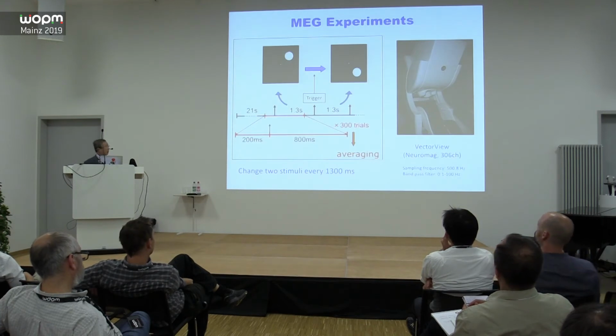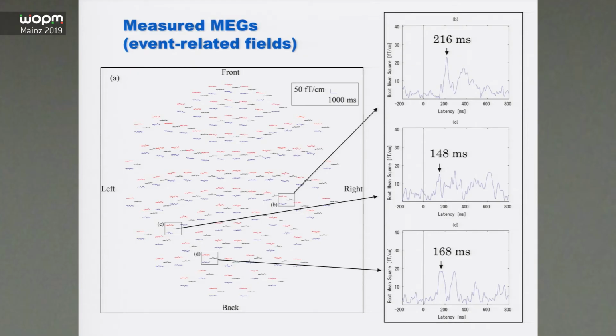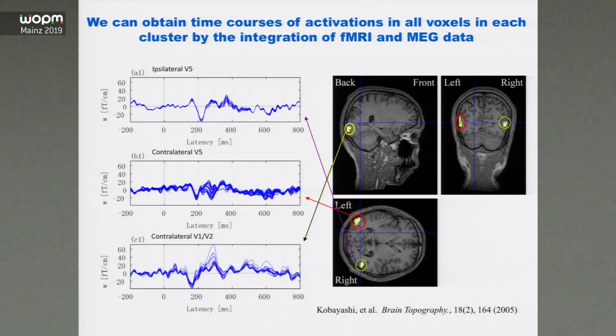By using the whole head MEG system, we can measure the neuronal activities at a time resolution of 1 millisecond. By using MEG, we can tell which part activates first, and then which way information moves. By integrating these two data, we can know the dynamic activations in each voxel.